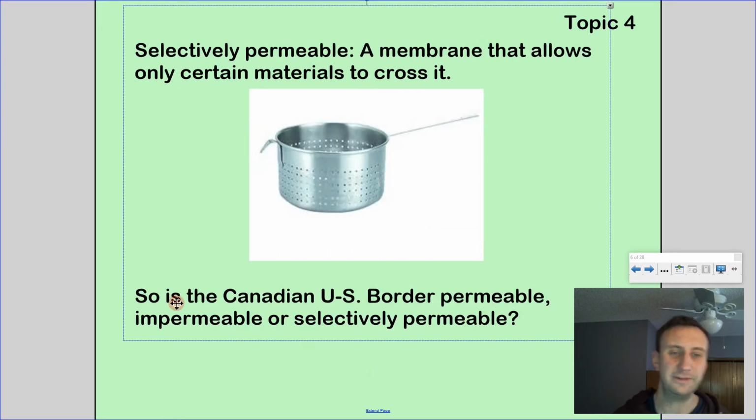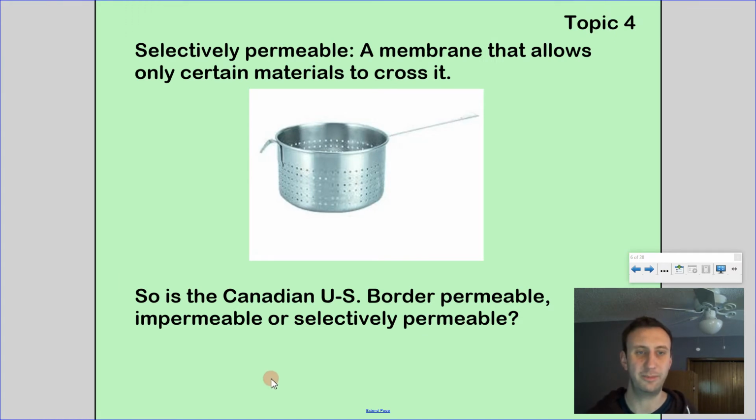And then finally, if I say selectively permeable or semi-permeable, then that is a membrane that allows some things to get through and other things not to get through. So if a membrane is selectively permeable, it stops some things and allows other things. If I look at the Canada-US border, this is essentially like a membrane, right? The border will stop some things from getting through and it will allow other things to get through.